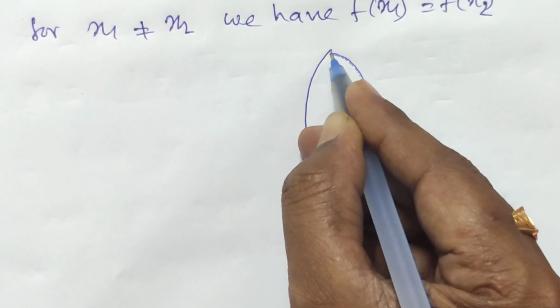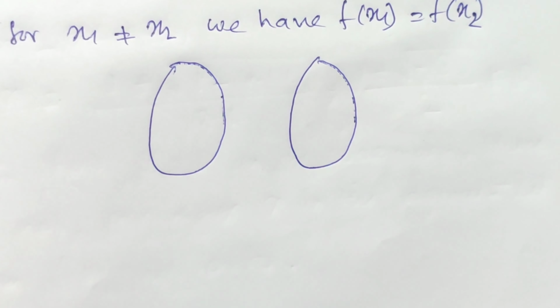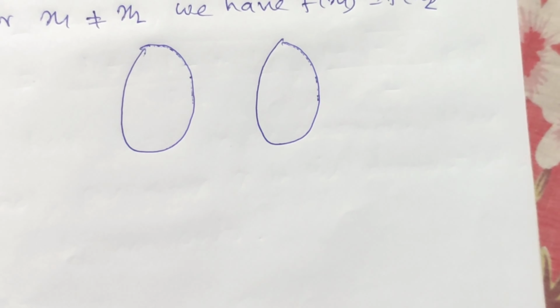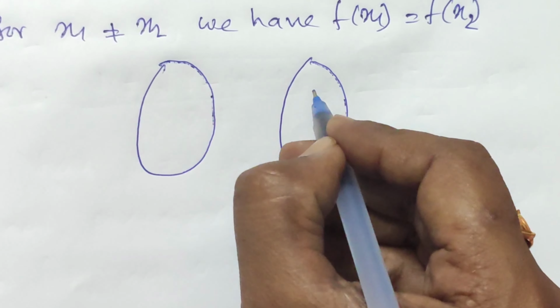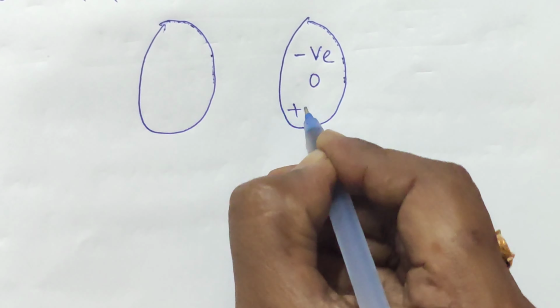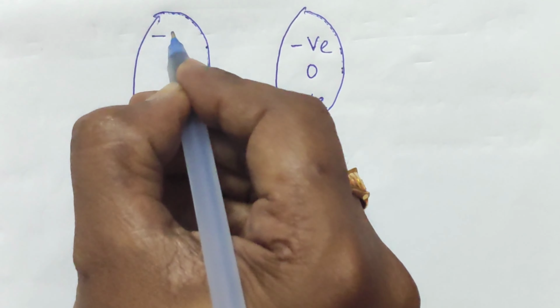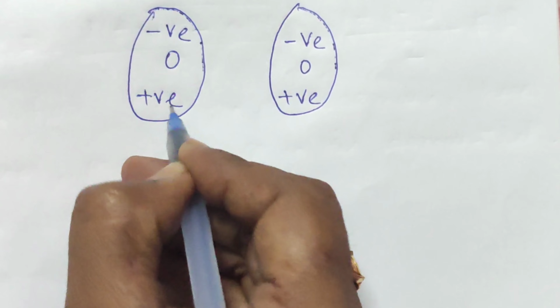Before proving this mathematically, let's think about the Venn diagrams. Suppose these are negative reals, this is 0, this is positive reals. Here also this is negative reals, this is 0, this is positive reals.